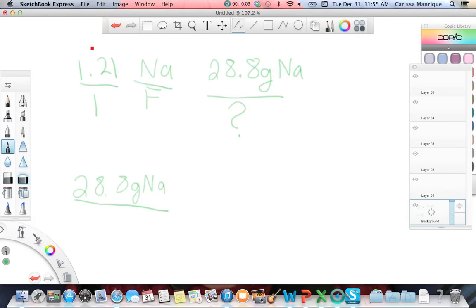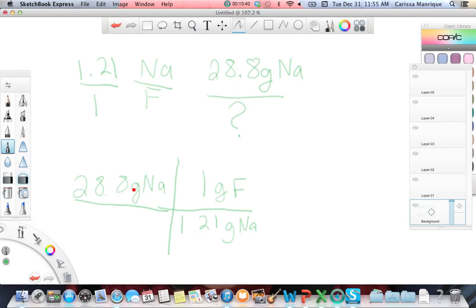So it has to be 1.21 to 1. Okay, so we know if this was the same sample, it's kind of like just a conversion unit if we want. Okay, same sample, there will be 1.21 grams of sodium per 1 gram of fluorine. Why did I put the sodium down at the bottom instead of at the top? Because I need to cancel it out.